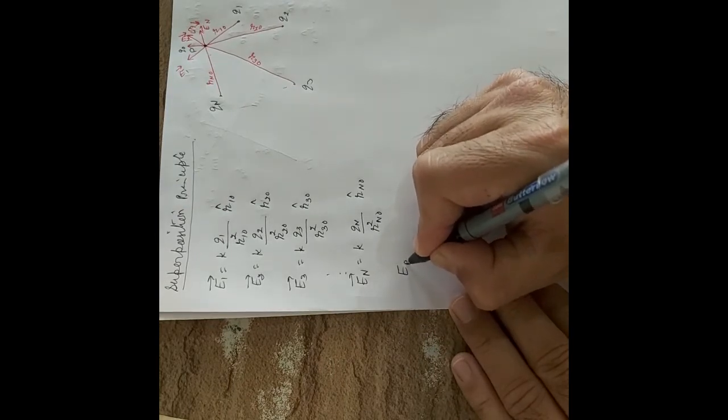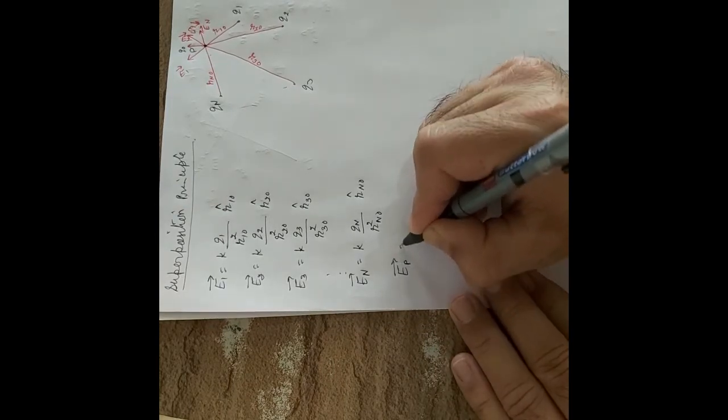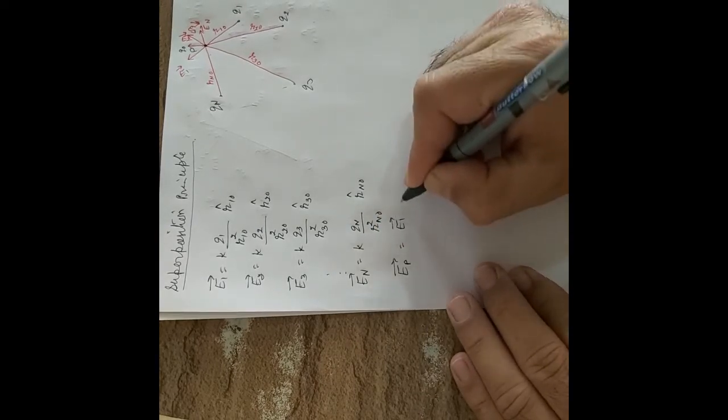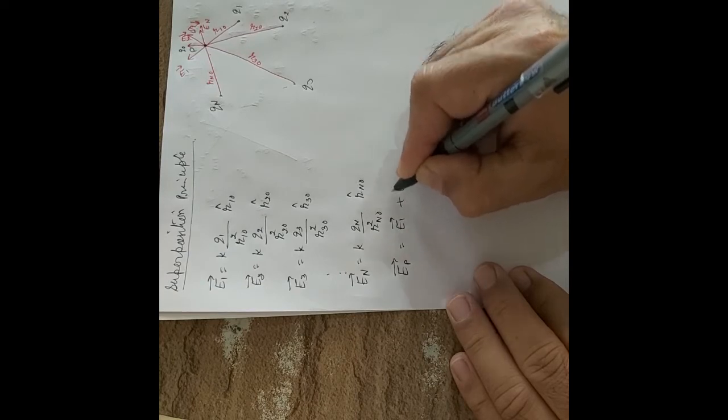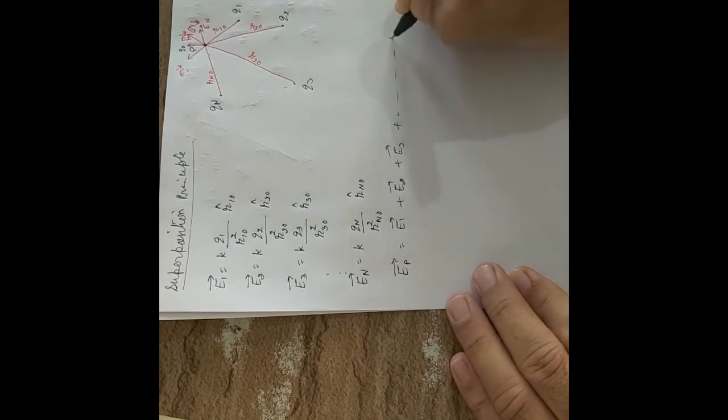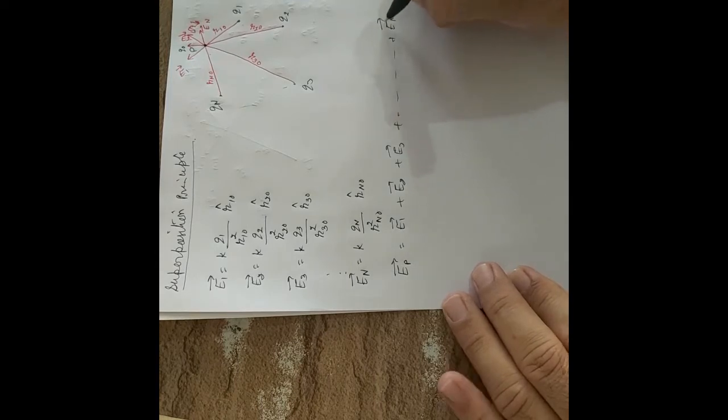The superposition principle says that the electric field at point P is equal to the vector sum of E1, E2, E3 up to En.